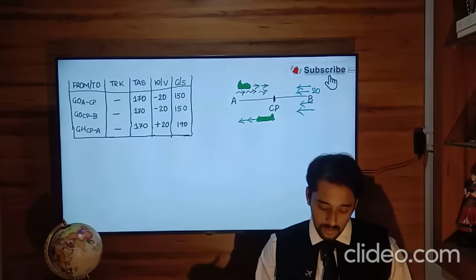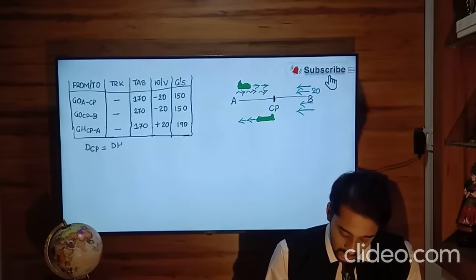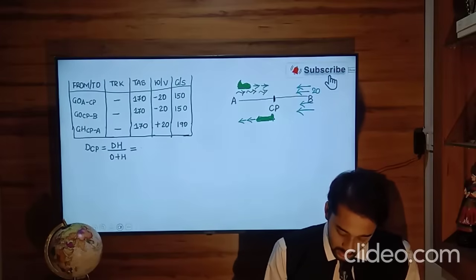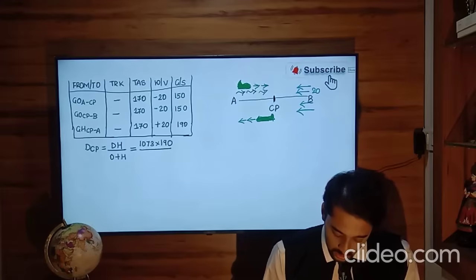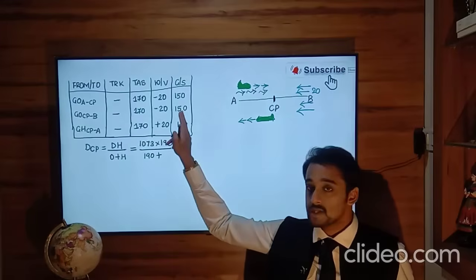So with this table complete, now let's go to your formula. Critical point distance is D times H divided by O plus H. So D is how much? 1073. Homebound speed is 190, and outbound speed, that is outbound speed from CP to B, is 150.